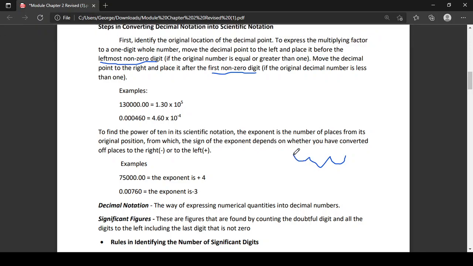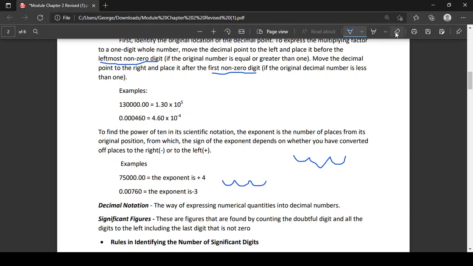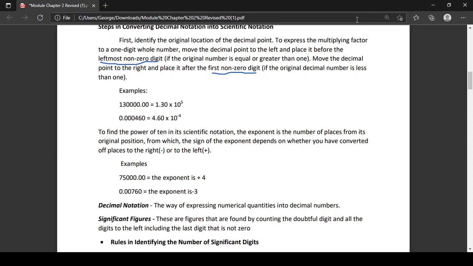If it is negative, left to right. So again, if the exponent is positive, what is the direction? Right to left. If negative, left to right.